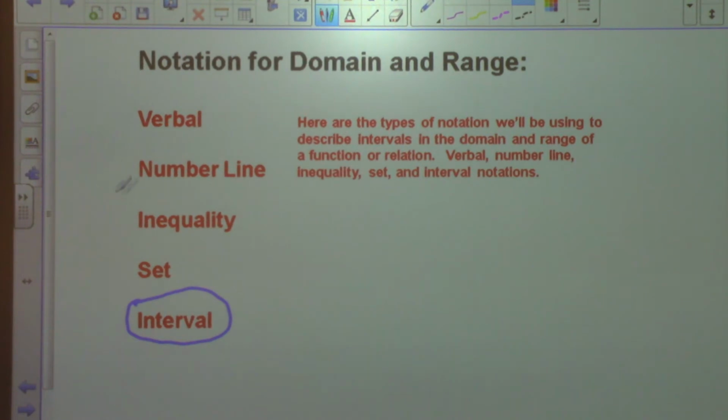Number line notation, we've already looked at number lines today, right? So that's number line notation. Verbal, we've talked about that. Inequality notation, we just saw recently that x was greater than or equal to 1. So we're going to look at all of these and be able to go back and forth between them.